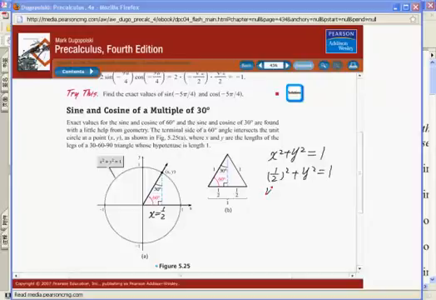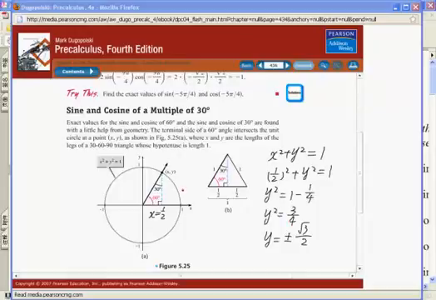Then we get y squared equal to 1 minus 1 over 4, so that is y squared equal to 3 over 4. Then we take the square root of both sides, and we get y equals plus or minus root 3 over 2, right? The root of 4 is equal to 2.